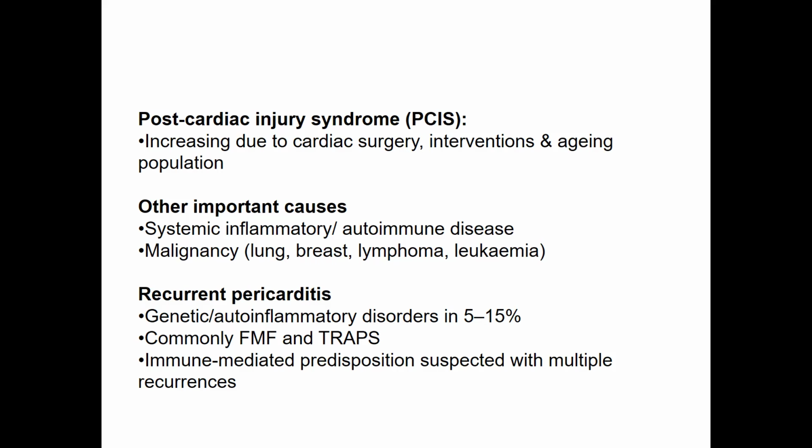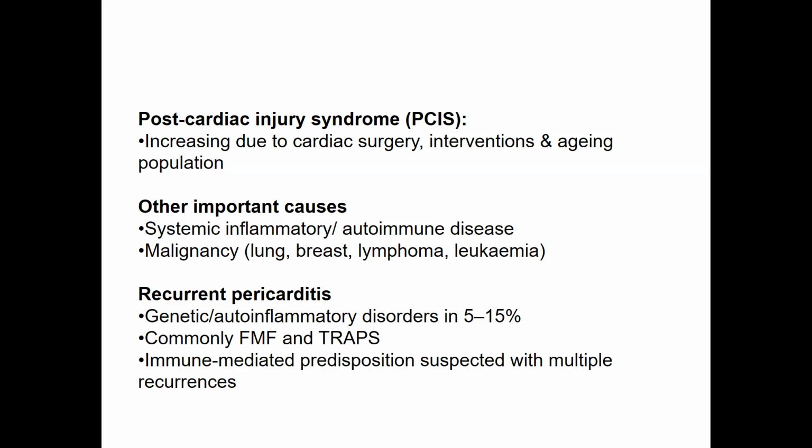The common autoinflammatory disorders associated with recurrent pericarditis are familial Mediterranean fever and TRAPS. And an immune-mediated predisposition has been found, so some people were found to have an immune-mediated predisposition for multiple recurrences.